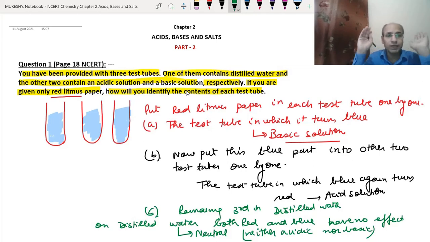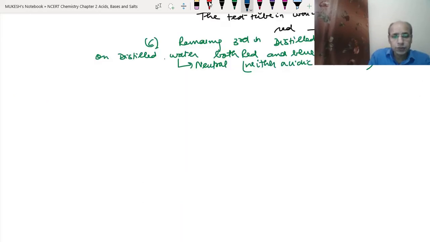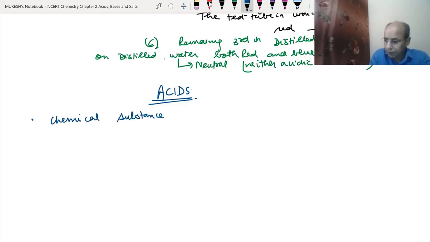Now we will start the acid part. Let's start the acids. As we discussed before, acids are sour in taste. Whatever substance you found sour in your life has acids. So we can say they are chemical substances which are sour.